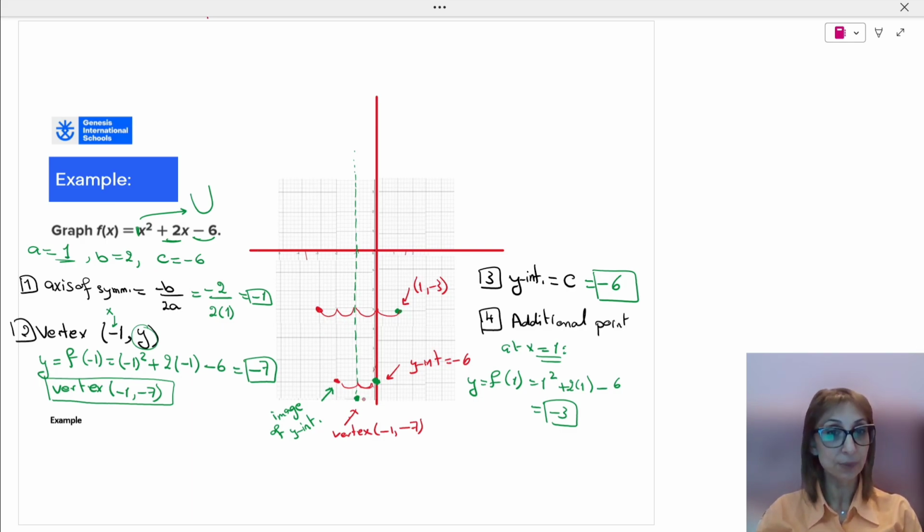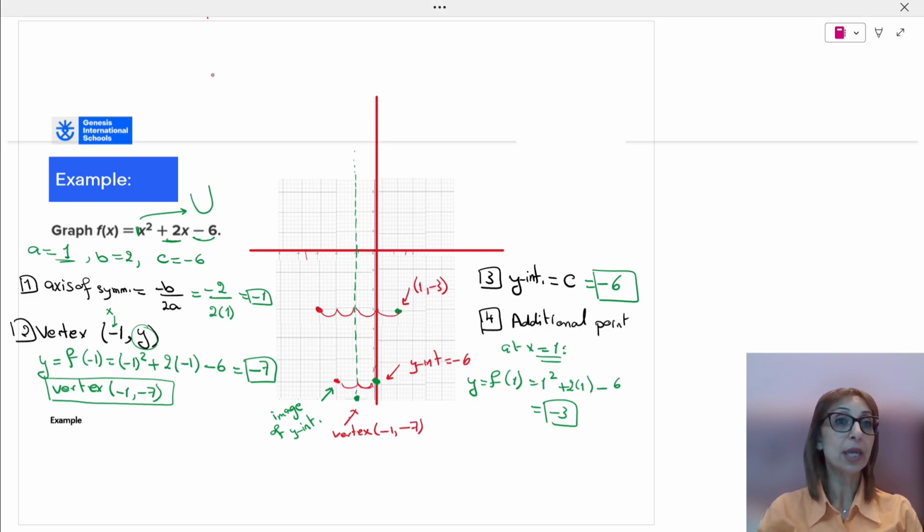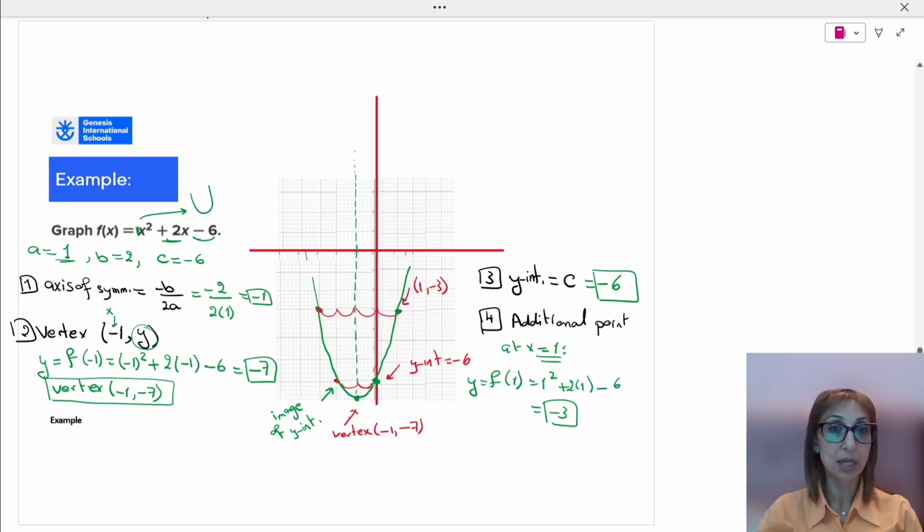The vertex, the y-intercept, the image of the y-intercept, the additional point, and the image of the additional point. Now I can graph the parabola by connecting the points smoothly like this. Okay, smoothly like this. And just extend it a little bit like this. So it will look like this.